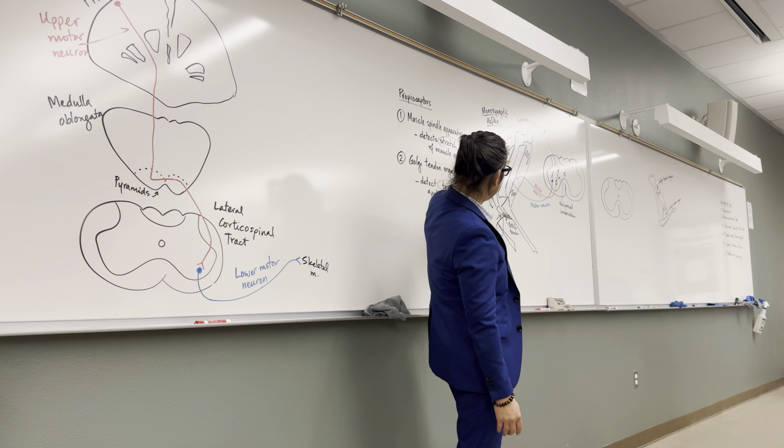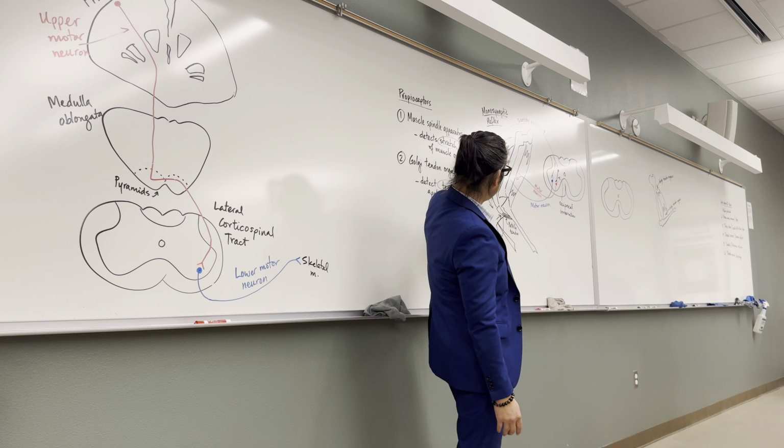Okay? It changes over to the other side, and this axon continues to run down on the lateral side of the spinal cord until it reaches a segment of the spinal cord and it enters the ventral gray horn of the spinal cord. Dorsal gray horn, lateral gray horn, ventral gray horn. Okay? So the ventral gray horn of the spinal cord, that's where it synapses.